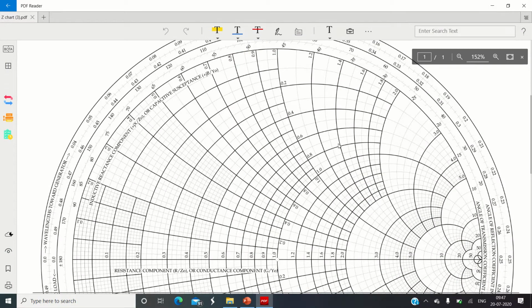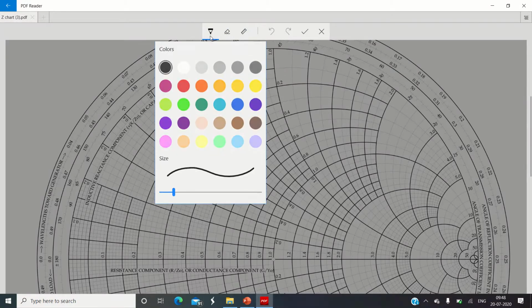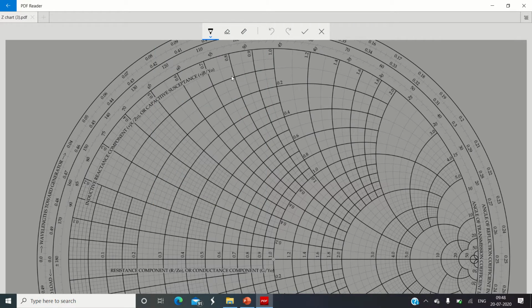We need to find the intersection of this curve with the constant resistance circle of value 1. Somewhere here is the point. I will plot it using black color, and increase the brightness of the screen so it is visible.